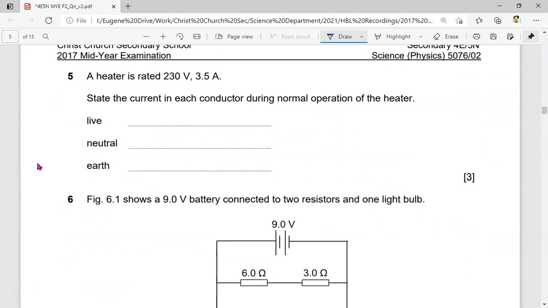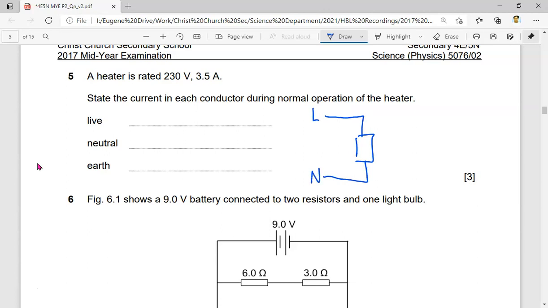Now, question 5. A heater is rated 230 volts and 3.5 ampere. State the current in each conductor during normal operation of the heater. To understand this question, you need to know how the diagram generally looks. Think of it as this is a live wire, this is a neutral wire, and this is the heater here. In typical operation, the current will flow from the live wire to the appliance and out from the neutral wire.